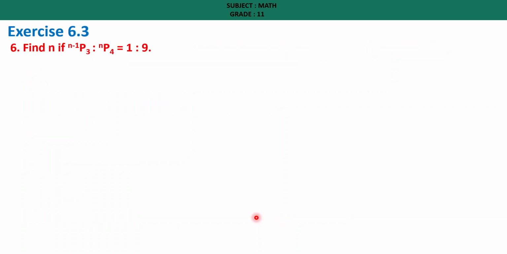Let us solve question number 6. Find n if (n minus 1)P3 is to nP4 is equal to 1 is to 9. Let us solve this. Given (n minus 1)P3 is to nP4 is equal to 1 is to 9. We know that nPr is equal to n factorial divided by n minus r factorial.